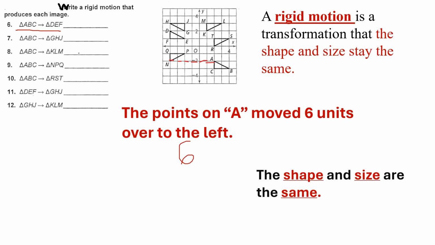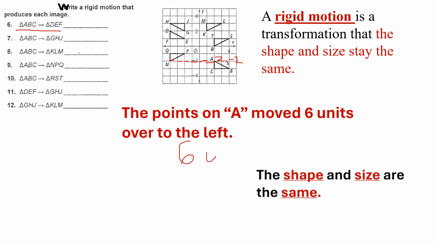Okay, to go from your original coordinate of this here, A was 2 and negative 2, you moved over 6. And you went up 4. How do you know you went up? 0. You went up 4.